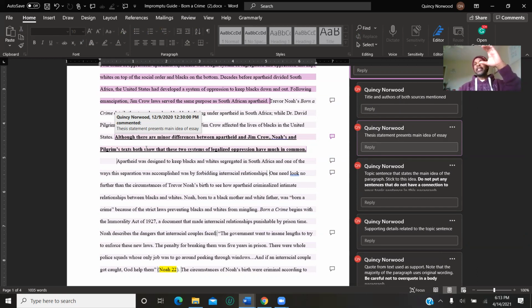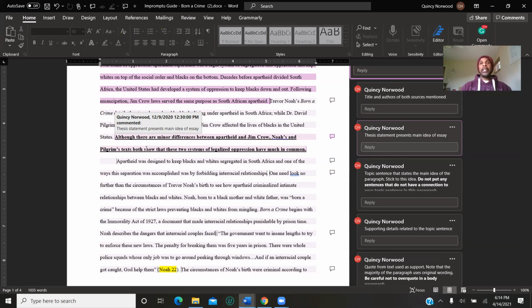So first you're going to use an example from Born a Crime, and then follow it up in the next paragraph using an example from the article you're going to get. And don't try to discuss both sources in the same paragraph, because that will lead to underdeveloped examples.